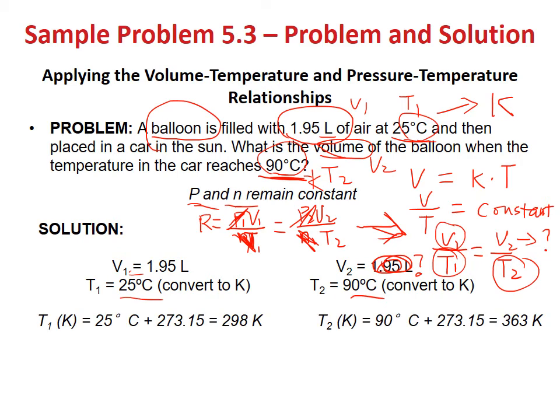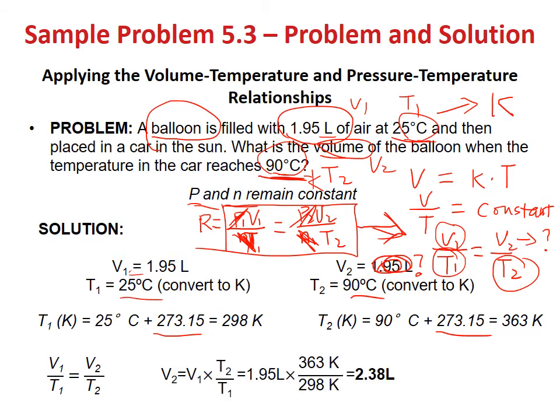To convert to Kelvin, we add 273, and you get T1 and T2, and then use Charles's law. Again, if you don't remember, you can use the combined gas law and derive Charles's law, and then you can calculate V2. Plug in everything, and the answer is 2.38 liter.